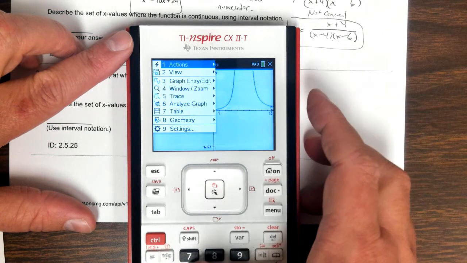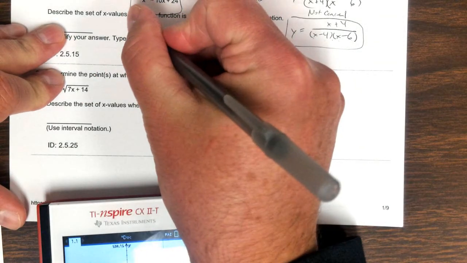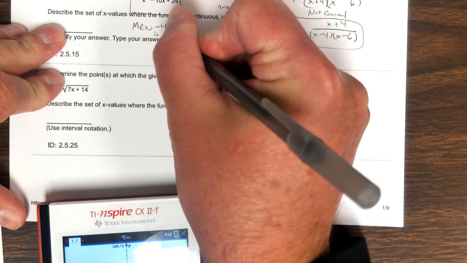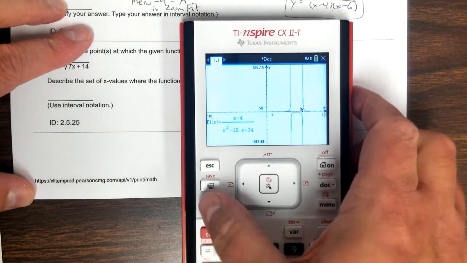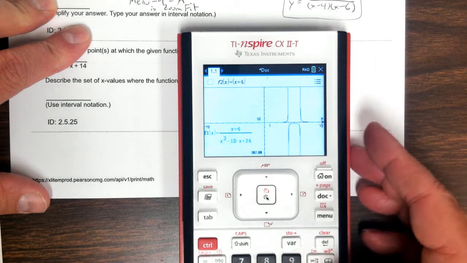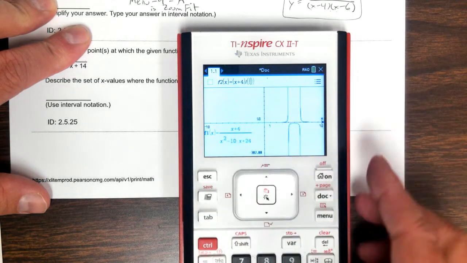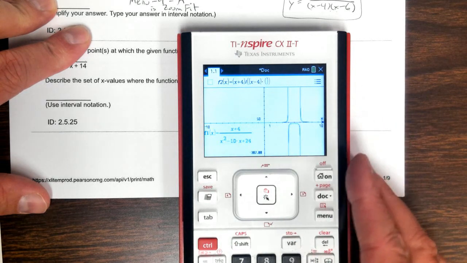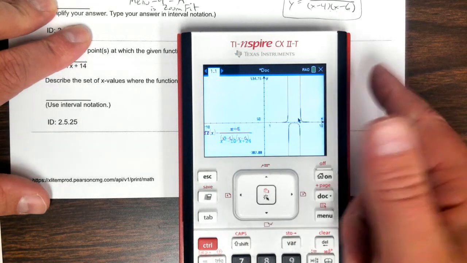So do menu 4A. So menu 4A is zoom fit. And getting back to checking, did it factor right? You could say x plus 4 divided by parentheses. You do need a double parentheses here, and you're going to have an x minus 4 times x minus 6. And since it exactly traced it, we know we factored it right.